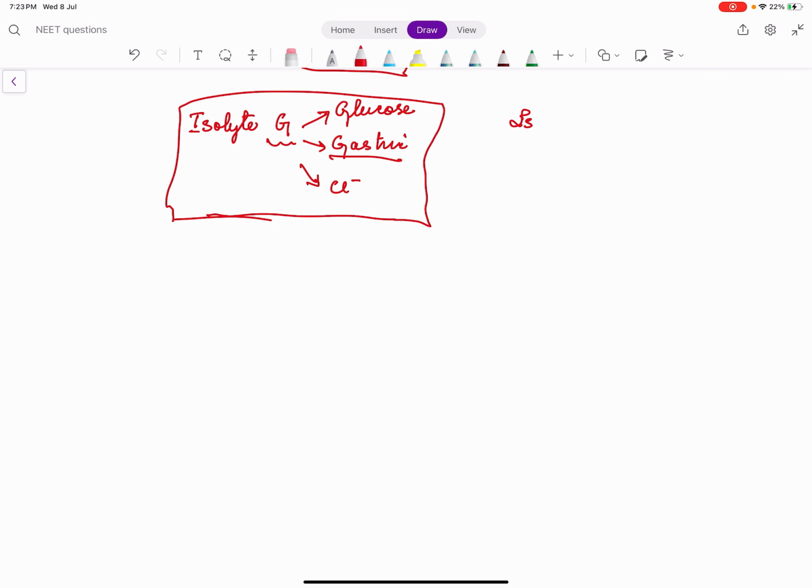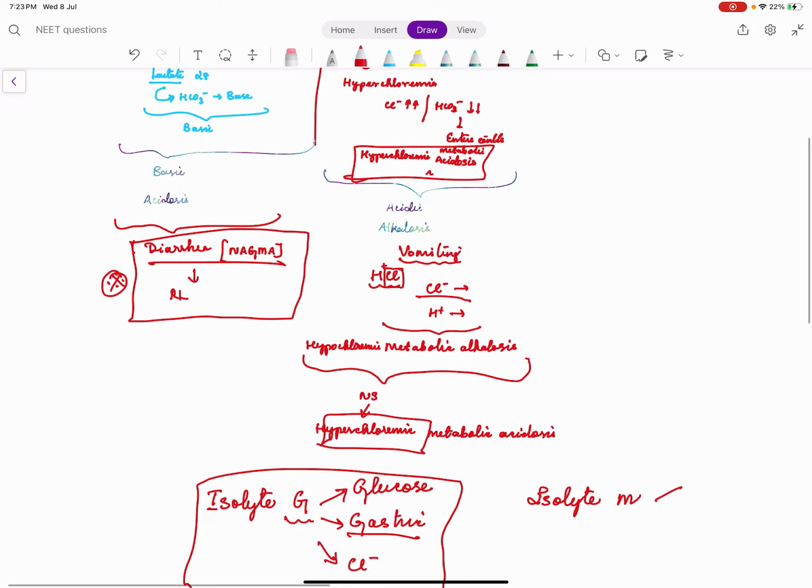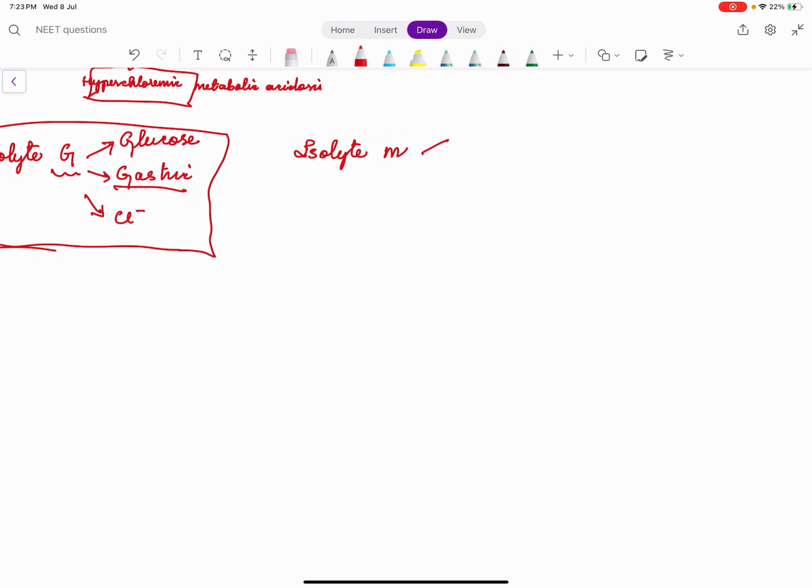Now coming to isolyte M. M is called maintenance fluid. We already discussed that normal saline contains only 154 milliequivalents of sodium and 154 milliequivalents of chloride, whereas Ringer lactate contains sodium, potassium, chloride, calcium and lactate. Isolyte M is even more extensive because it also has phosphate and magnesium, and it has the highest potassium content in any fluid, which is 20 milliequivalents.